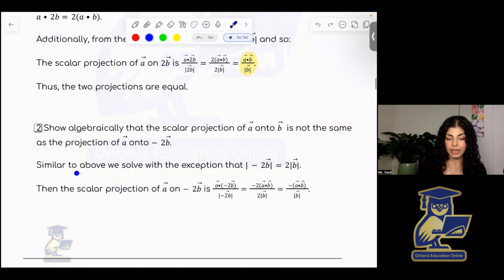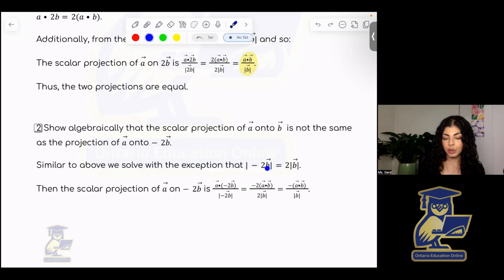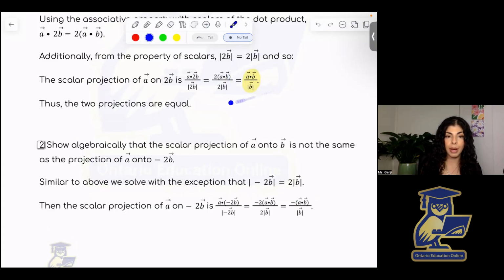But we're following a similar process as above, with that negative 2B, and when we factor out the 2, it has now become a positive 2. So when you substitute it back into the projection of A onto negative 2B, you have negative 2 in the numerator and 2 in the denominator. And so we actually end up with negative A dot product B in our numerator. So this is not the same projection that we saw above.